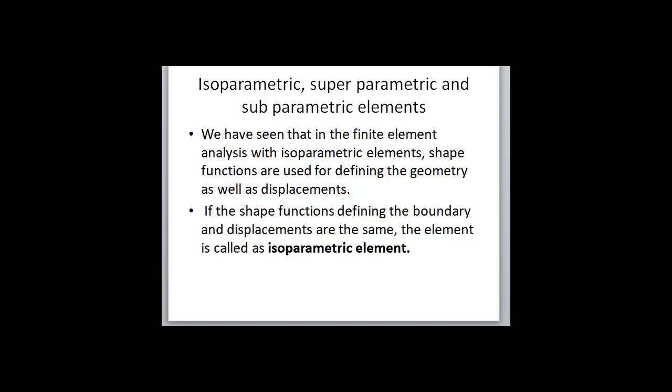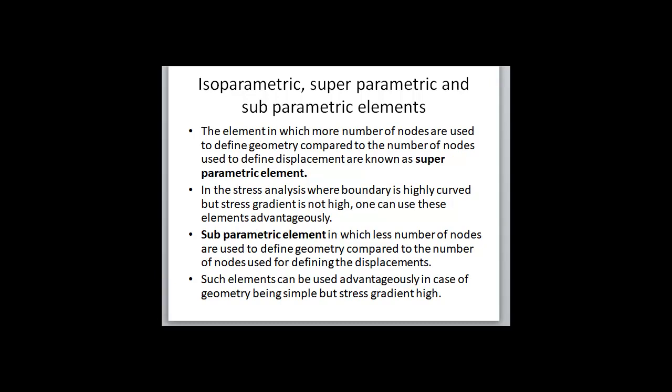If the shape functions defining the boundary and the displacements are the same, the element is called an isoparametric element. In an element in which more nodes are used to define geometry compared to the number of nodes used to define displacement, it is known as a superparametric element.